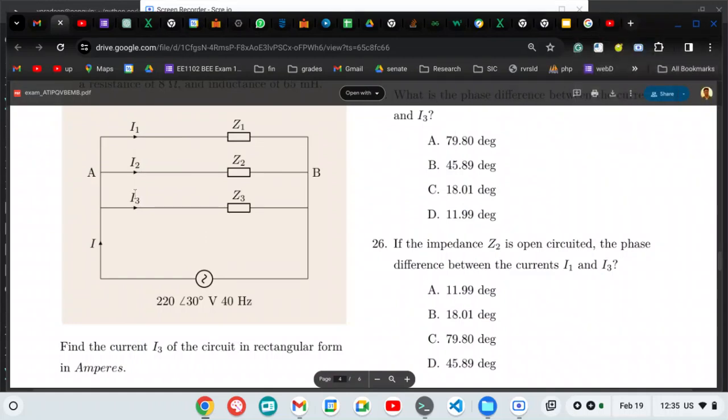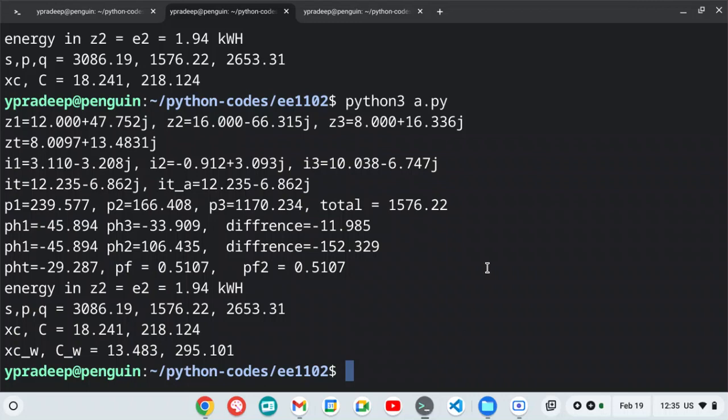Meanwhile, now I will show the code that we had written to solve the other parts of the question.